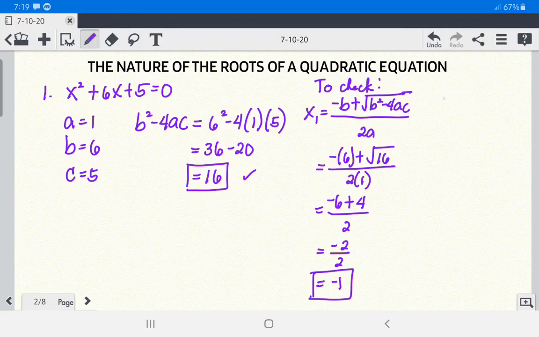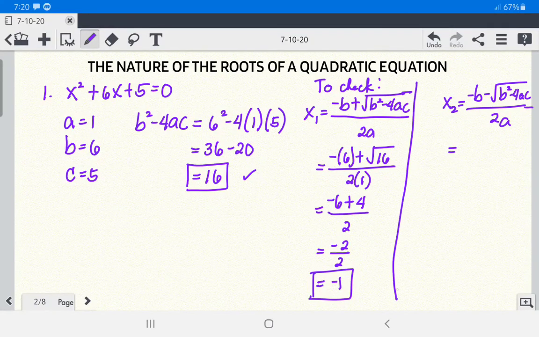Next, x2 is equal to negative b minus square root of b squared minus 4ac over 2a. So this is equal to negative 6 minus square root of 16, since b squared minus 4ac, the discriminant, is 16, over 2 times 1.